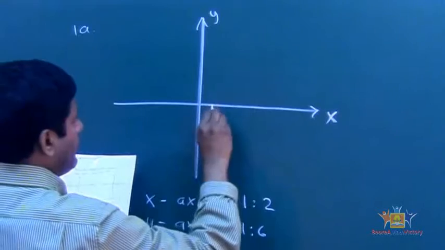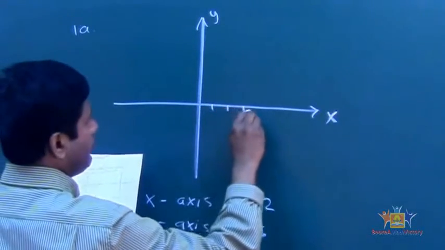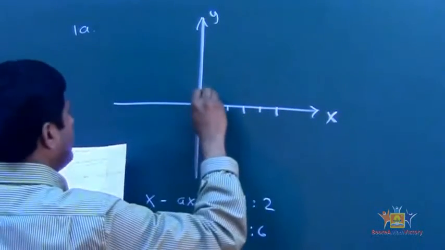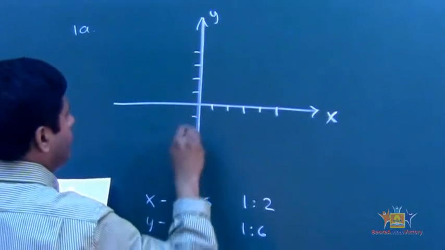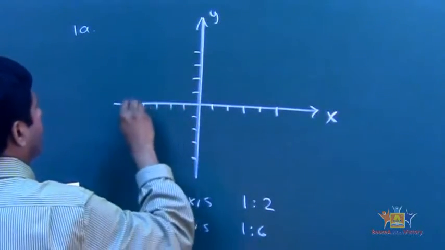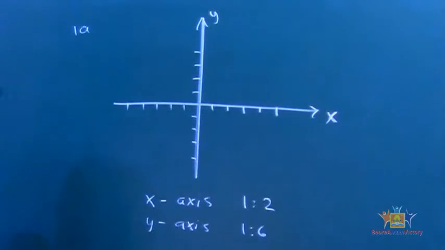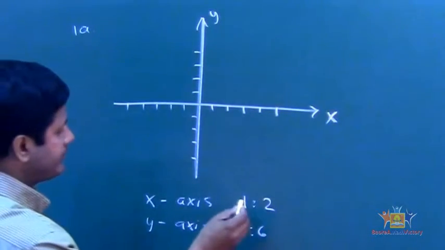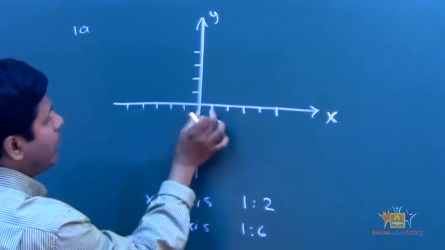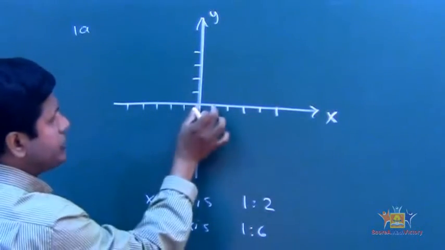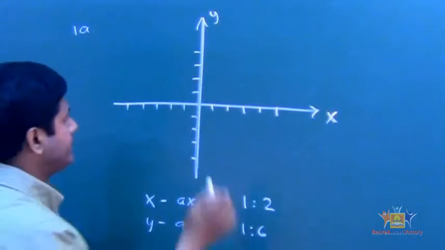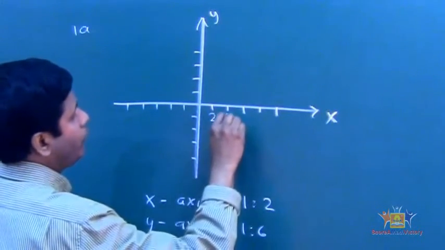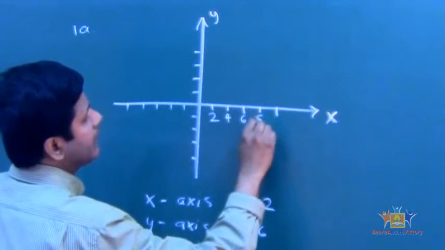I gave you 1, 2, 3, 4, 5 and so on, and I want you to scale that. So 1 to 2 means each scale, which is 1, represents 2. That means this is 2, 4, 6, 8, 10.